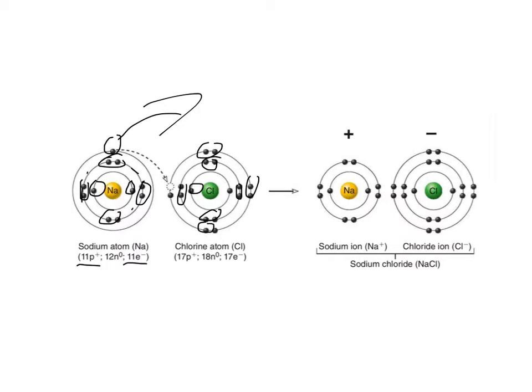So sodium is being a good neighbor, and it's going to give that 1 electron to chlorine, and this is going to form a bond where sodium will now have a positive charge because it lost an electron, so it has more protons than it has electrons, and chlorine will carry a negative charge because now chlorine has an extra electron. Sodium is said to be a cation.